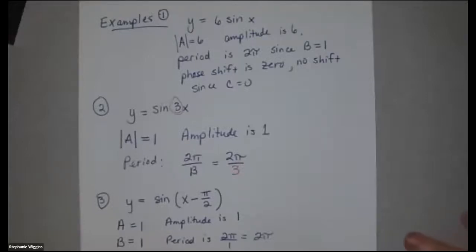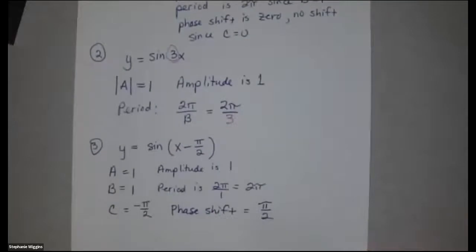So our phase shift is pi over 2. So the phase shift is the opposite of your C value, right?